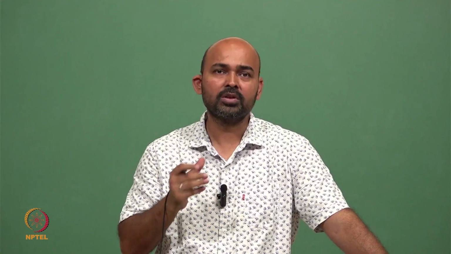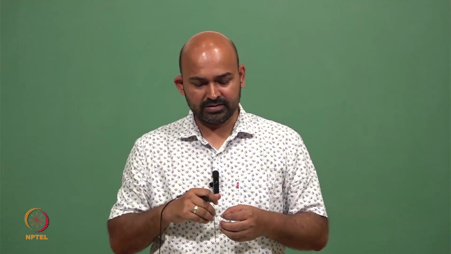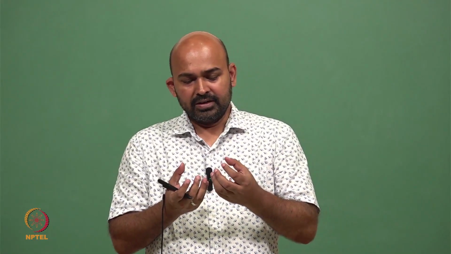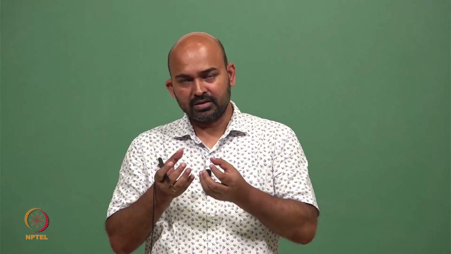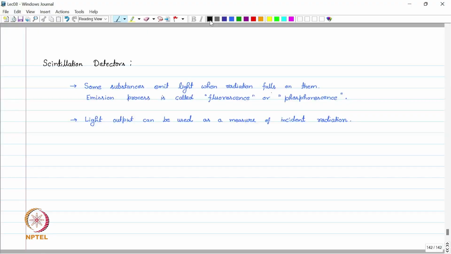The next is delayed fluorescence, where we shine the radiation and there is a delay in the emission of this light. The third one is phosphorescence, where the wavelength of light is longer than in the fluorescence case. So we have three types of process by which a material generates light.